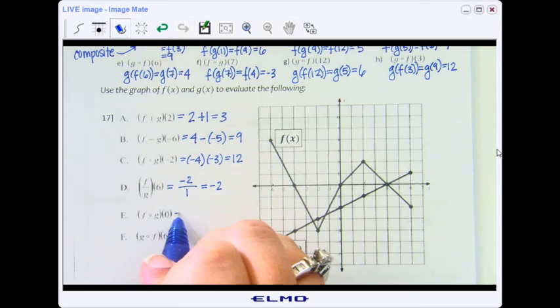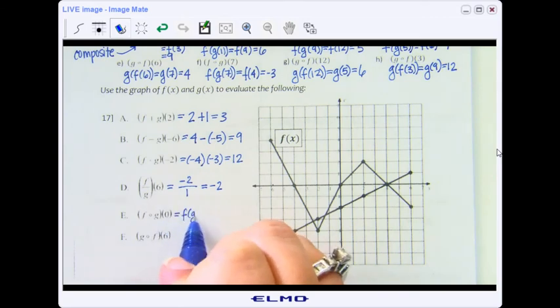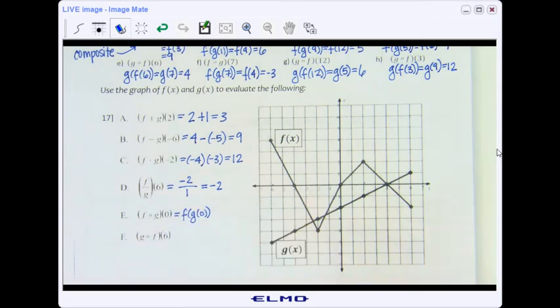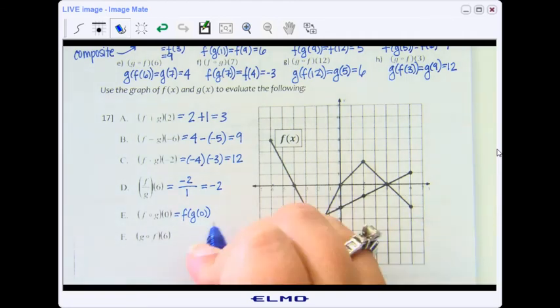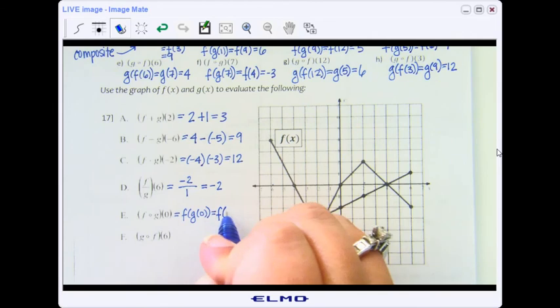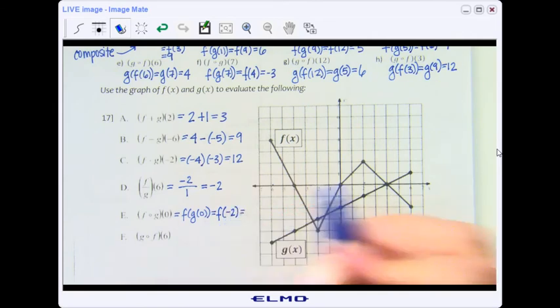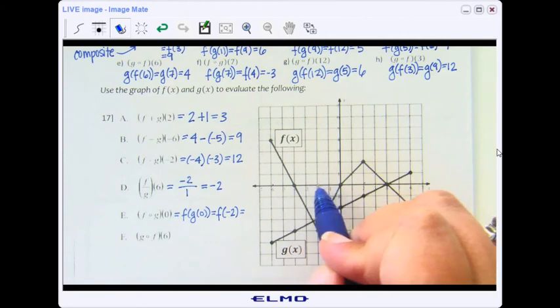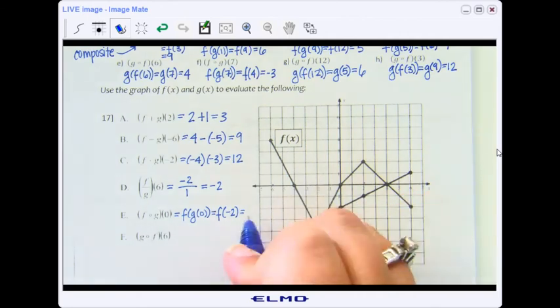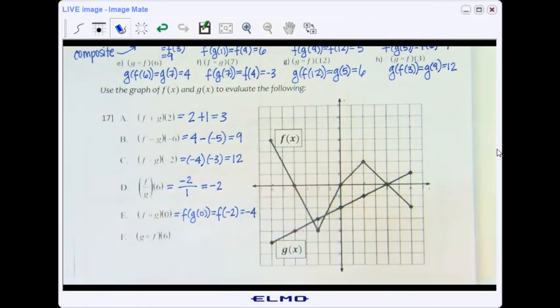This means f of g of 0. So what is g when x is 0? It's negative 2. So I'm looking for f of negative 2. What is f when x is negative 2? It's negative 4. So f of g of 0 is equal to negative 4.